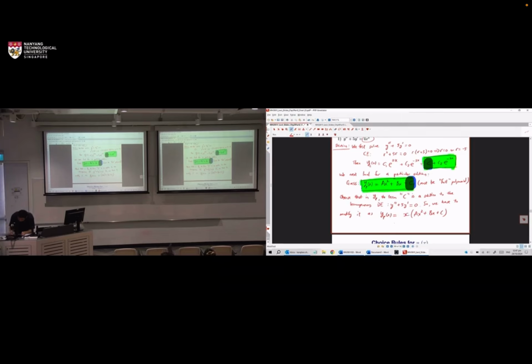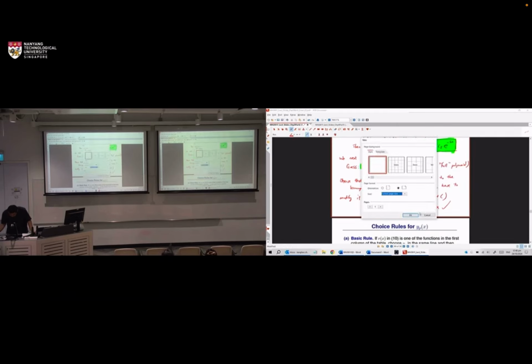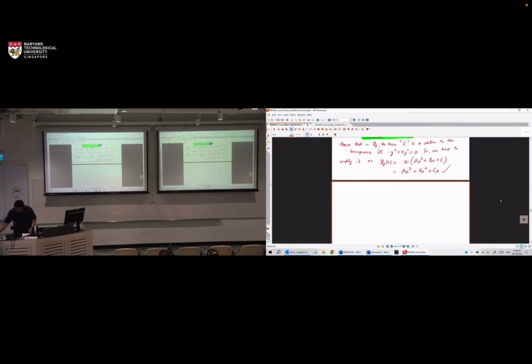Therefore, you will have ax cubed plus bx squared plus cx. Then you look back at your y_c. Is there any more overlapping? No more overlapping. No more overlapping means, well done. Okay, good.